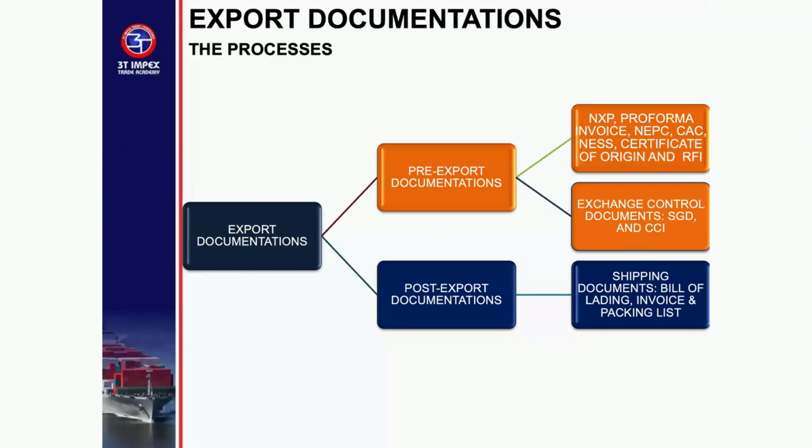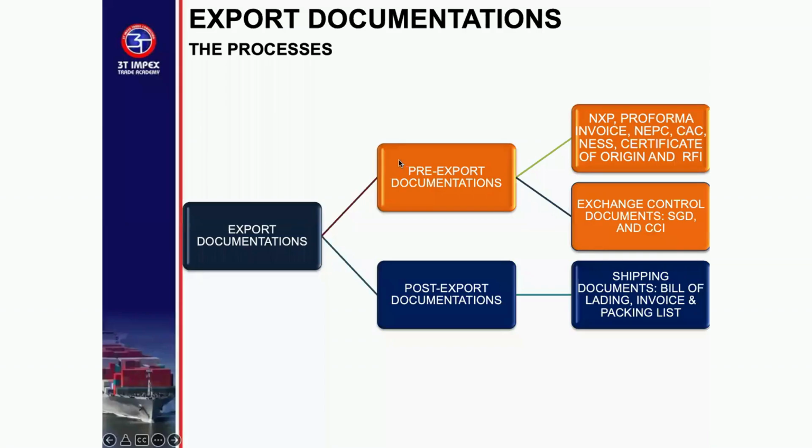Certificate of origin and request for information, RFI, from the inspection agent of government who will inspect the goods being exported. And when you export from Nigeria, you don't pay export duty, you only pay a fee to the government. It's called the Nigerian Export Supervision Scheme fee, NESS, and it's 0.5% of the FOB value. FOB value is the value of the goods plus profit.